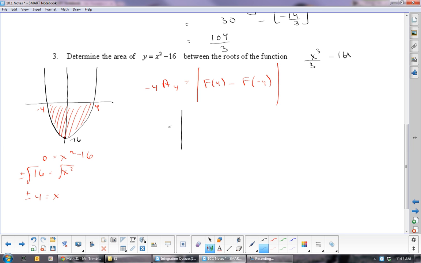So absolute value, 1/3 times 4 cubed minus 16 times 4, bracket, minus square bracket, 1/3 negative 4 cubed minus 16 times negative 4.